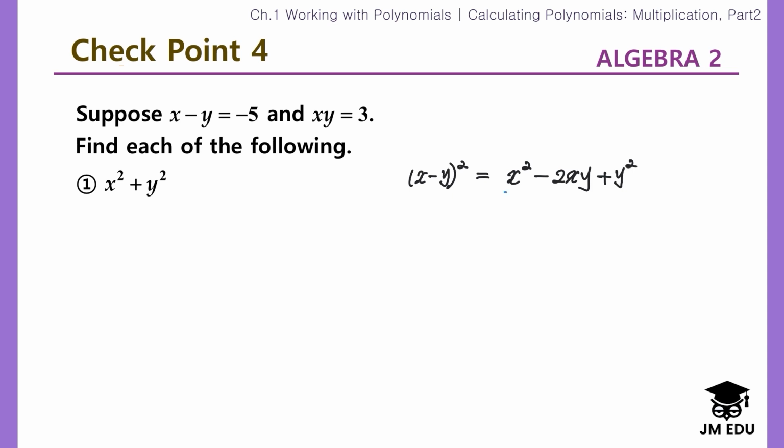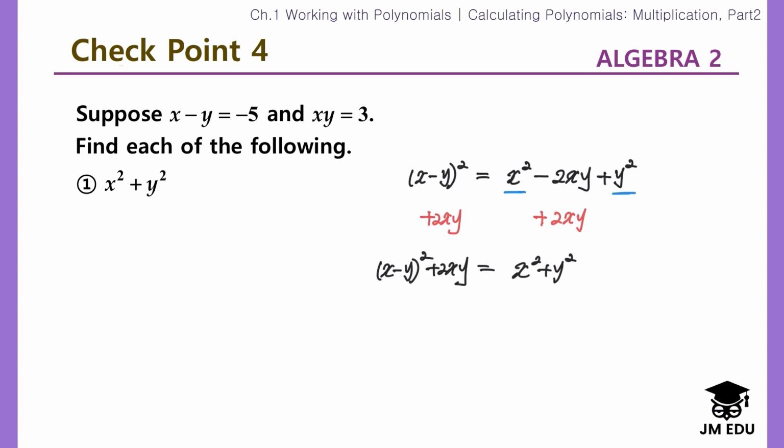So x squared plus y squared is, if we add 2xy to each side, do you see that? Then x squared plus y squared is equal to x minus y squared plus 2xy, right?